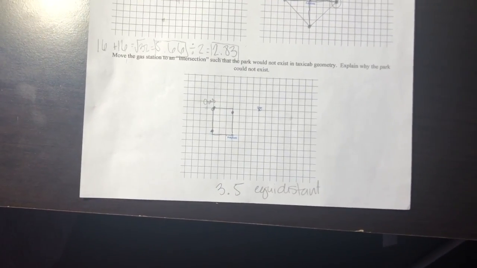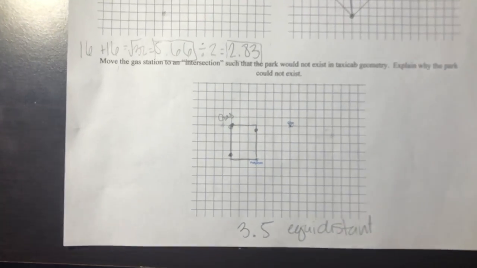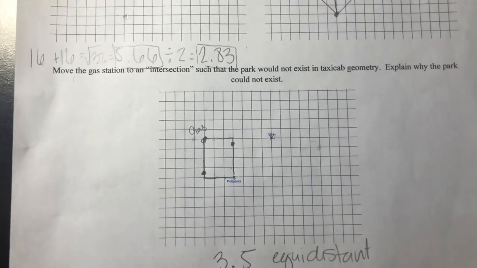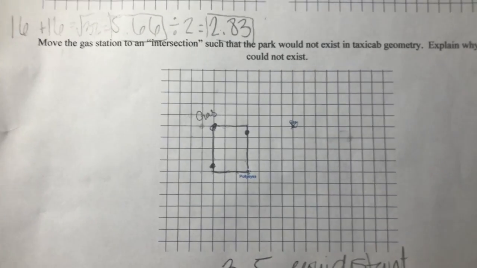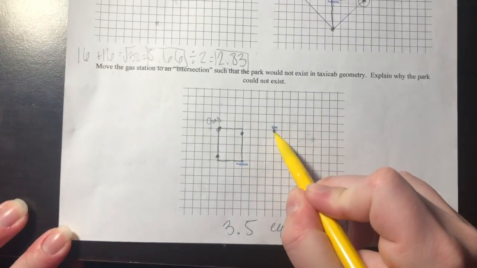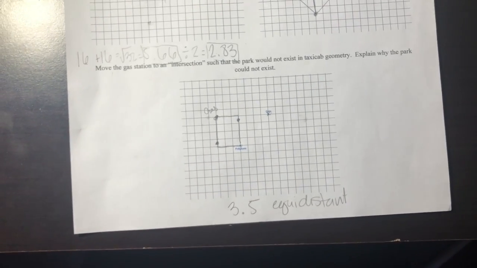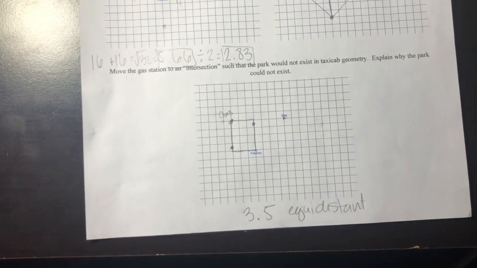The third part asks us to move the gas station to an intersection such that the park will not exist in taxicab geometry. So the gas station was right here. We know we need to move it to a place where the distance between the gas station and Poly-Eyes will be odd.